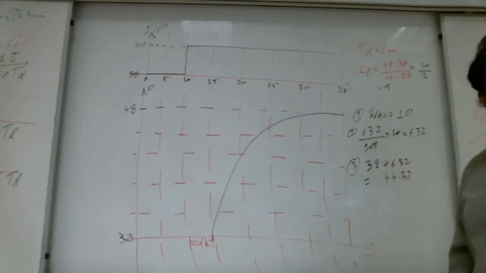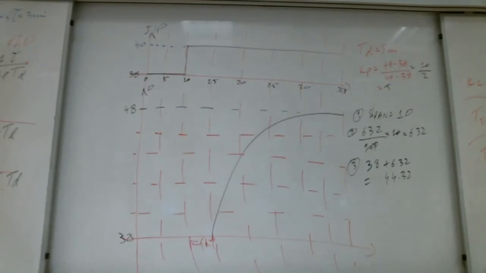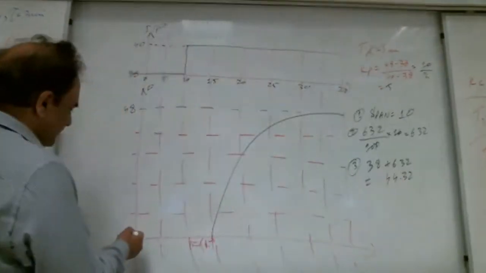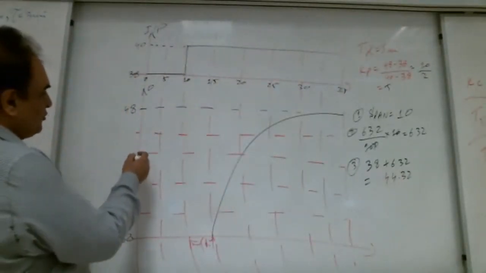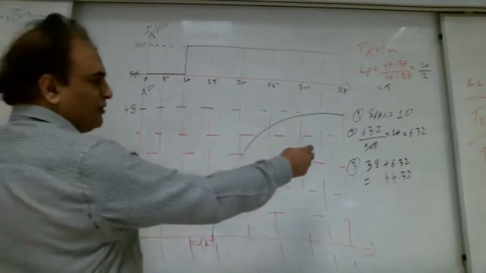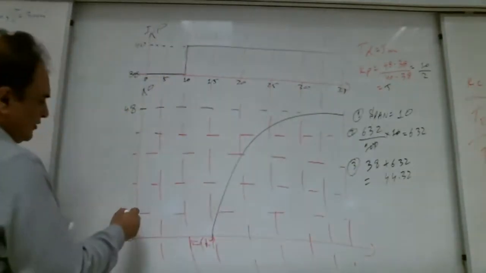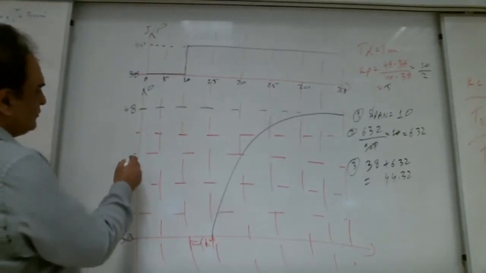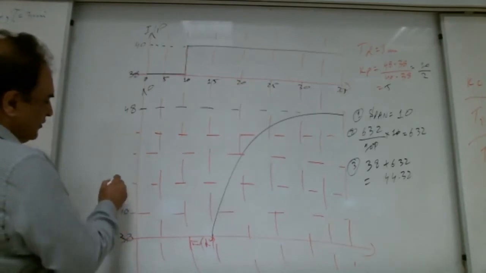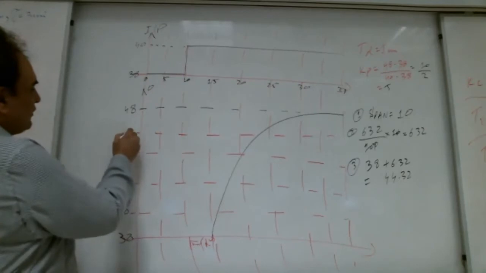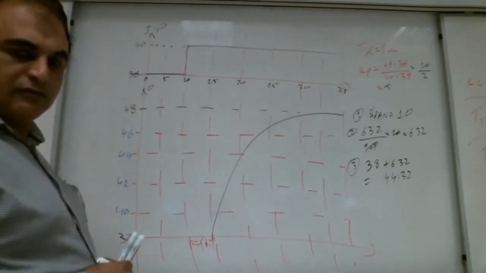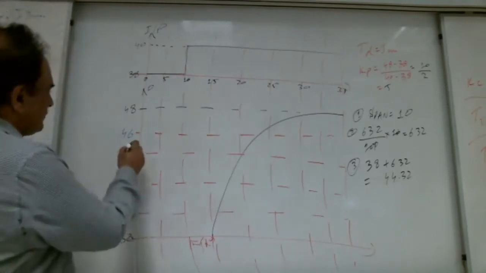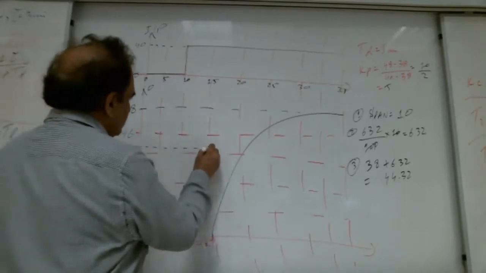Any question up to here, Shabab? Thank you, that's good. Okay, now we are going to bring it here: 38, 40, 42, 44, 46, 48. So 44.32 is approximately here, coming to maybe 21.